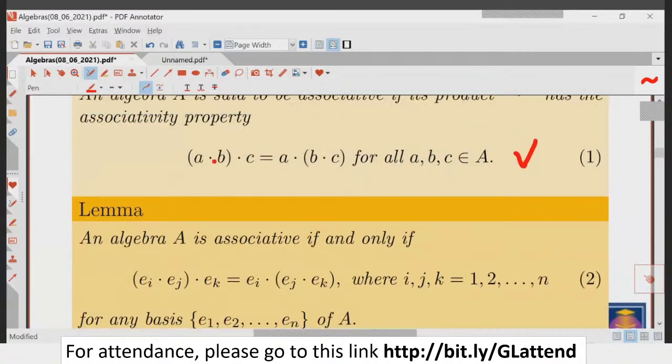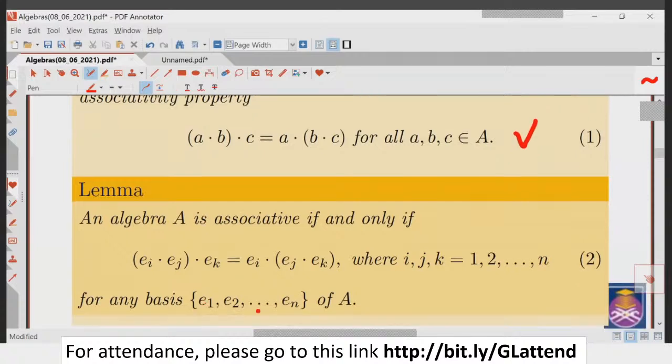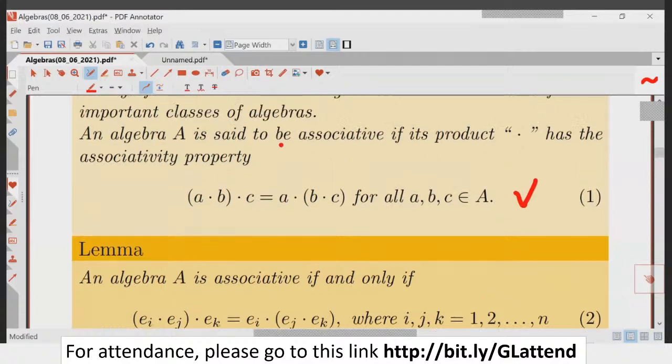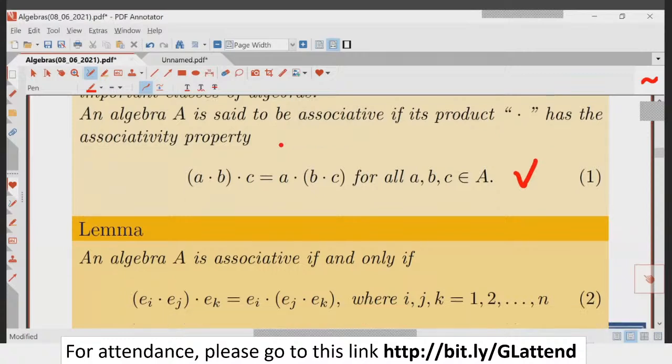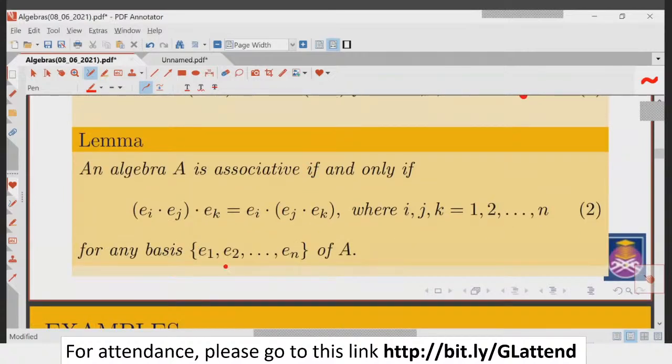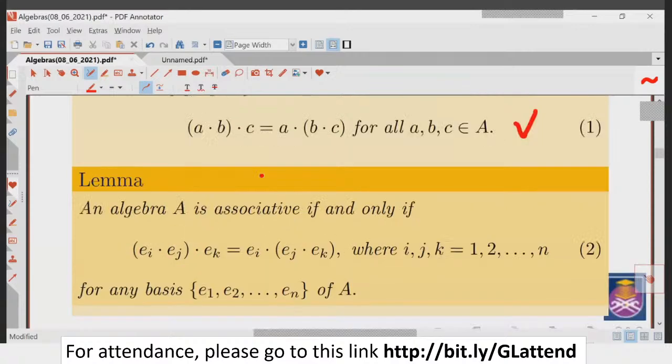So this axiom is equivalent to that axiom. To verify that an algebra is associative, it is not necessary to verify the condition for all of its elements. Just take its n basis vectors and verify this condition for them. If the condition holds for the basis vectors, then the algebra is associative.